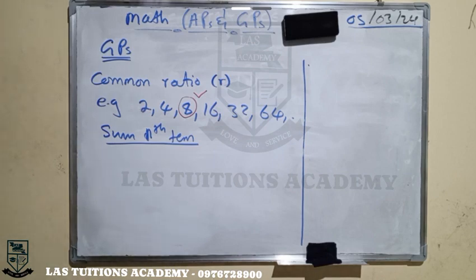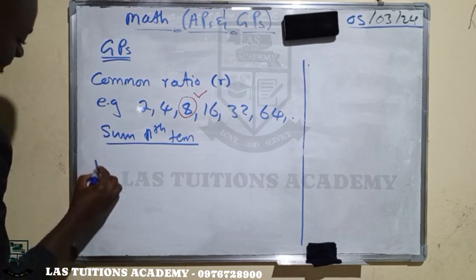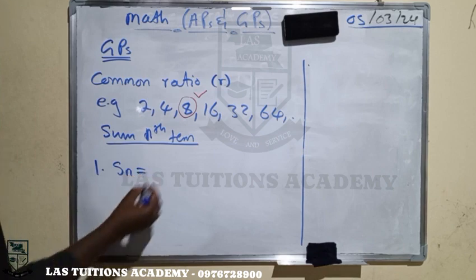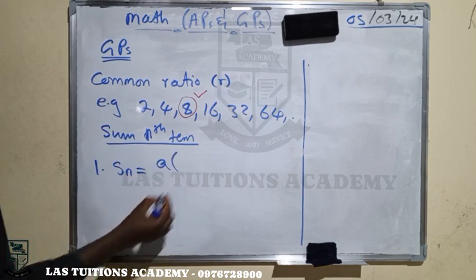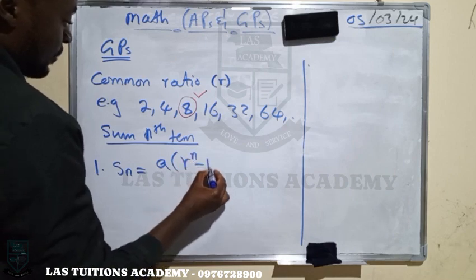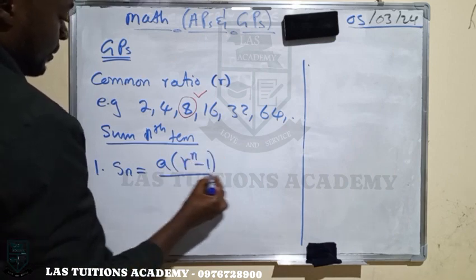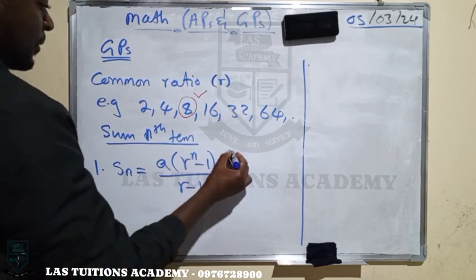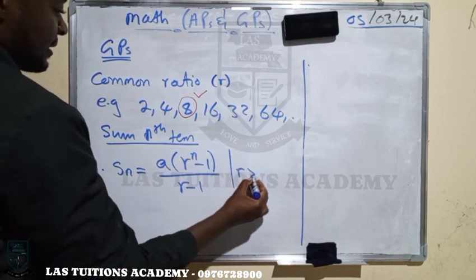Number one, we have Sn is equal to A, then we have R to the power n minus 1 over R minus 1. This one we use when R is greater than 1.